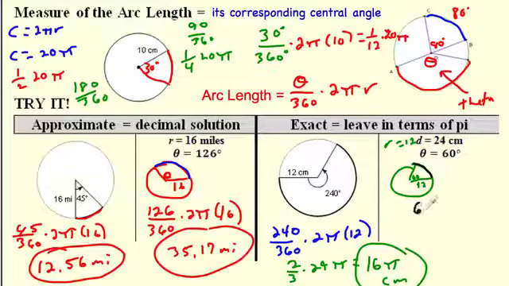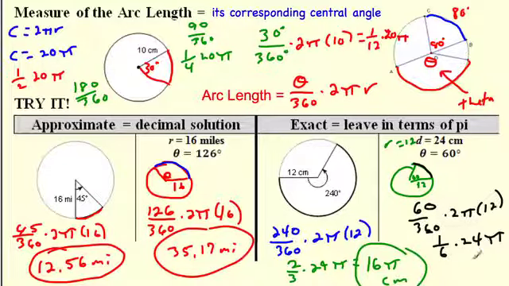So I'm looking at 60 out of 360 times 2 pi r. And 60 out of 360 is 1/6. Again, we're multiplying by 24 pi. And this works out well. What's 1/6 of 24? It is 4. So this is 4 pi centimeters. That's how far you'd walk.